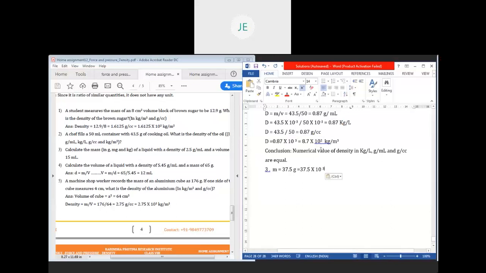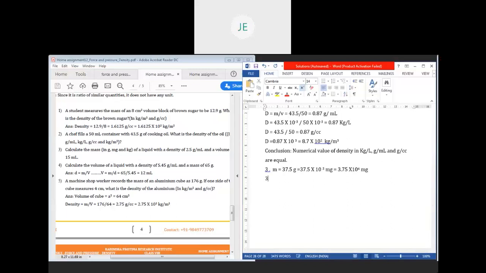But if we have to write in standard form, we should write 3.75 into 10 power 4 milligrams.